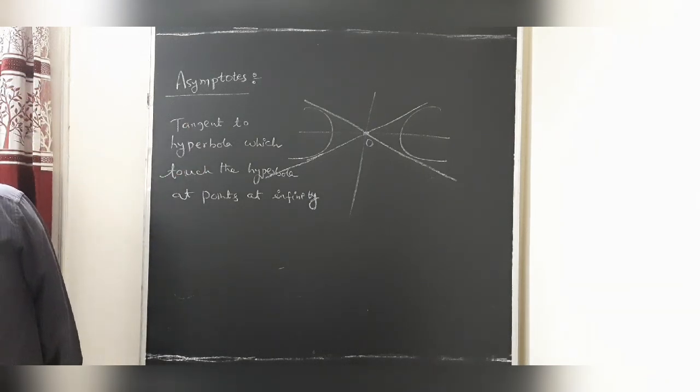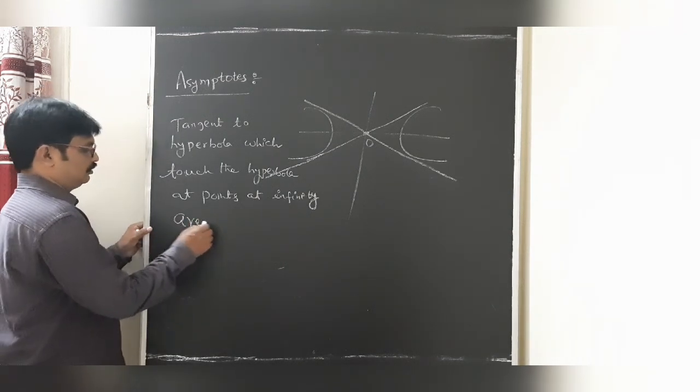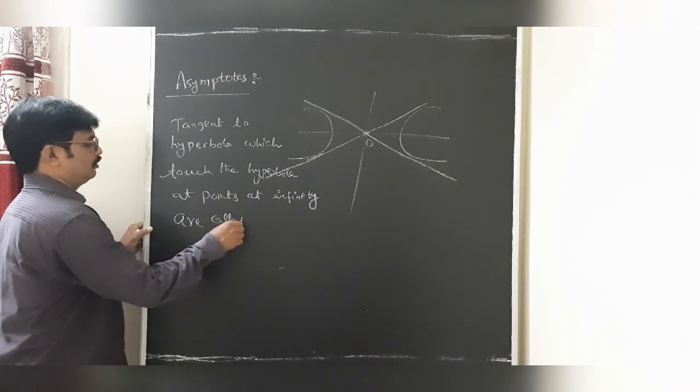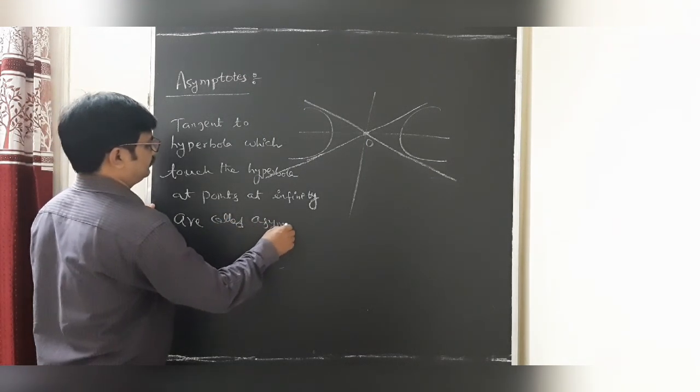What is it, students? At the points at infinity. Okay students, these are called asymptotes of the hyperbola.